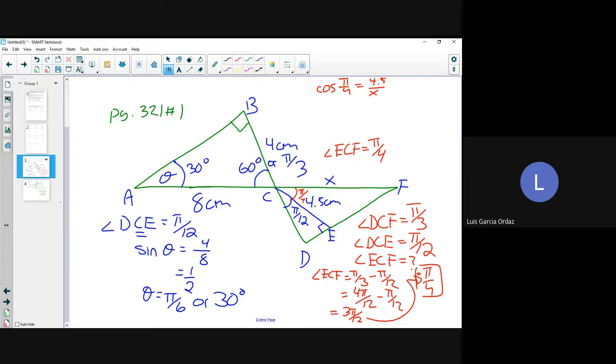So we have 1 over root 2 is equal to 4.5 over x. Now all we're going to do is multiply the x over to the other side. So we get x times 1 over root 2 is equal to 4.5.